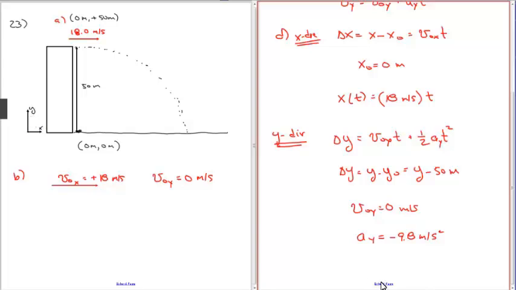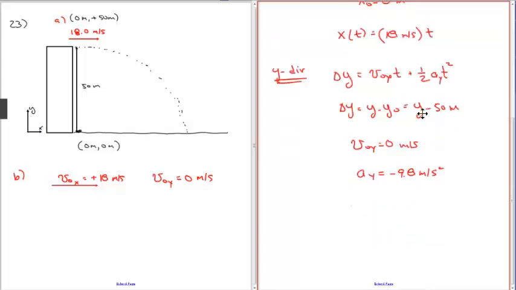So if we plug those in, delta y is y minus y0, and that's equal to v0, which is 0, times time, plus 1/2 times negative 9.8 meters per second squared times the time squared.